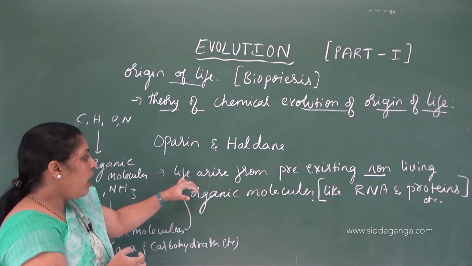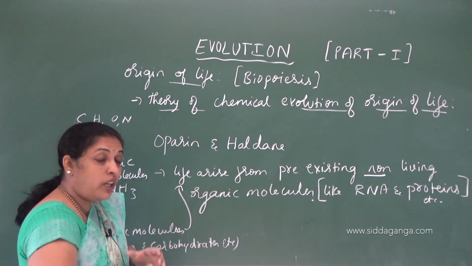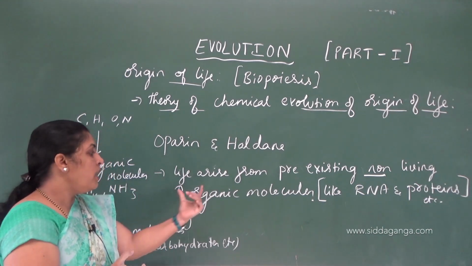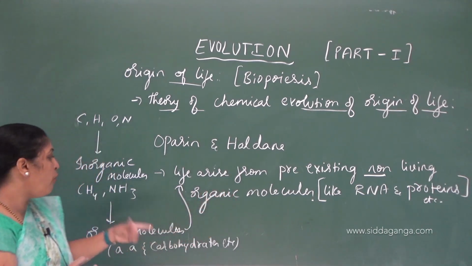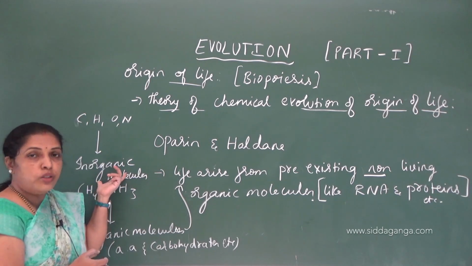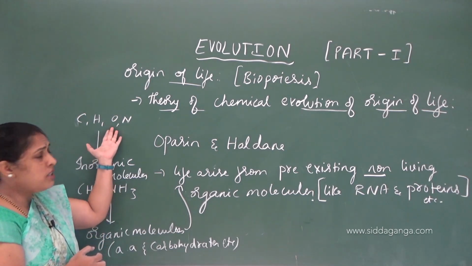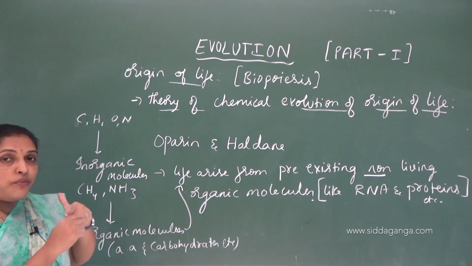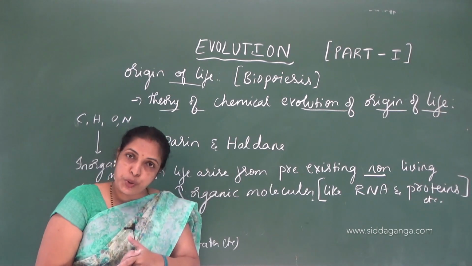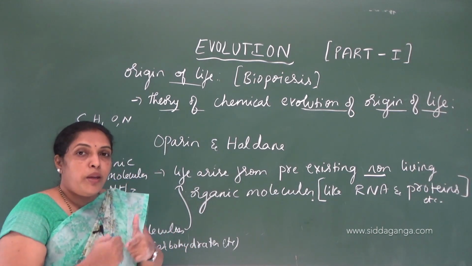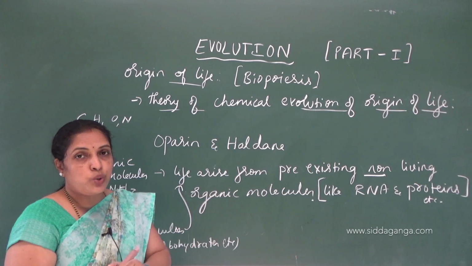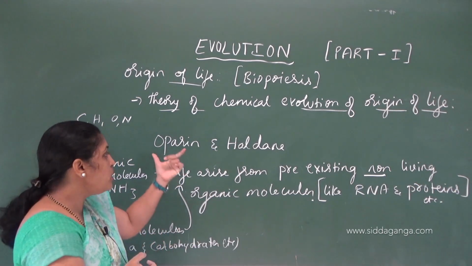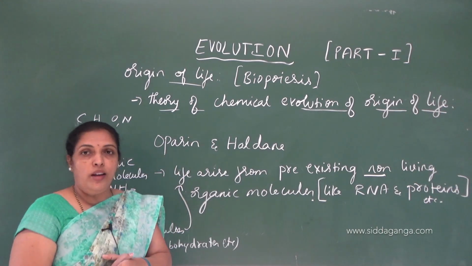What they told? Life arises from pre-existing non-living molecules like RNA and proteins. These organic molecules were formed from inorganic molecules from carbon, hydrogen, oxygen and nitrogen. So like this, first the chemical evolution took place. After the chemical evolution, that gave rise to the formation of living organisms on this earth. This was given by Oparin and Haldane.